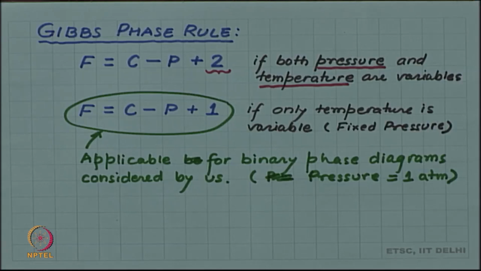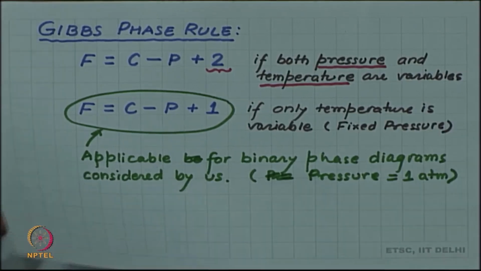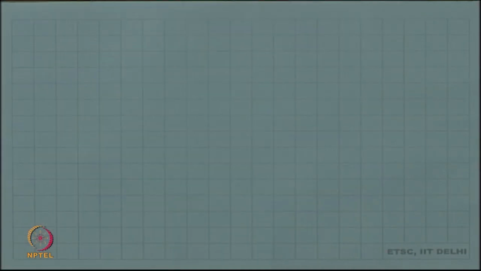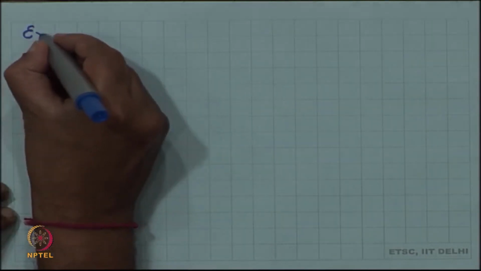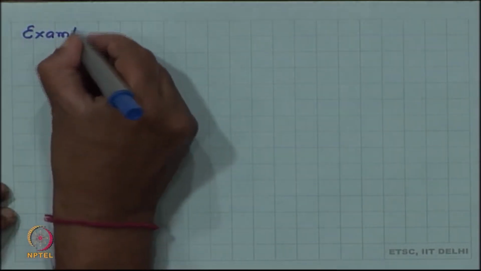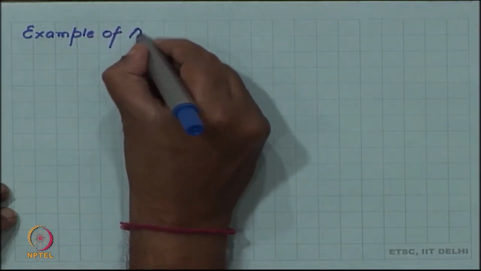So, let us look at it. The rule will become clearer once we consider some example. So, let us look at the example of its application. Example of application of Gibbs phase rule.